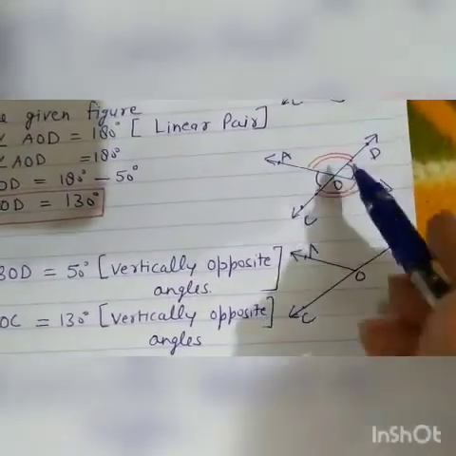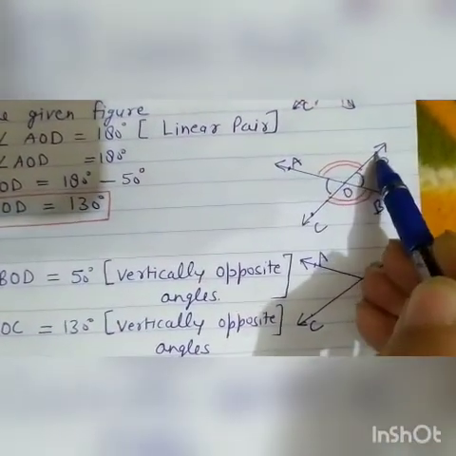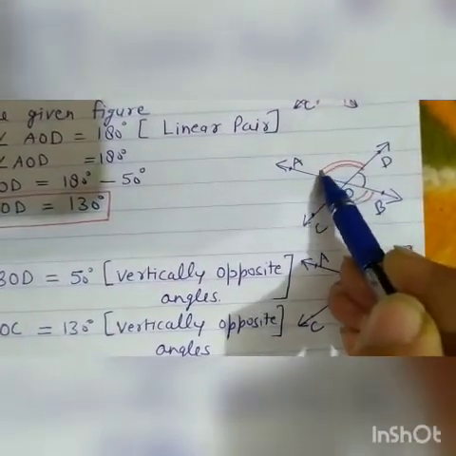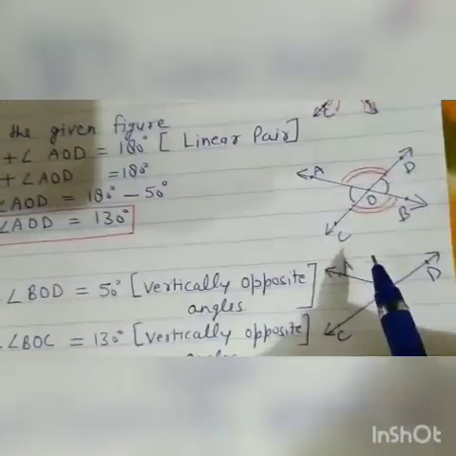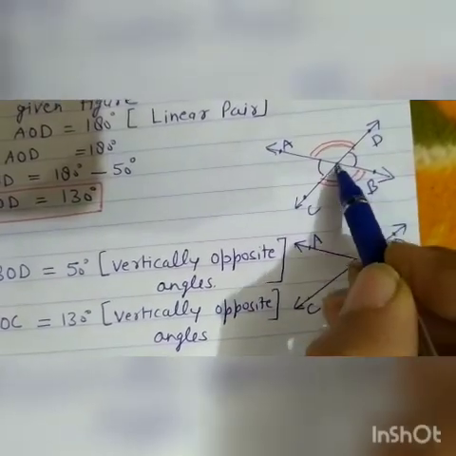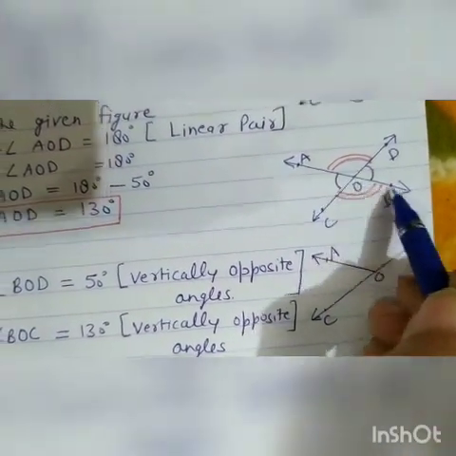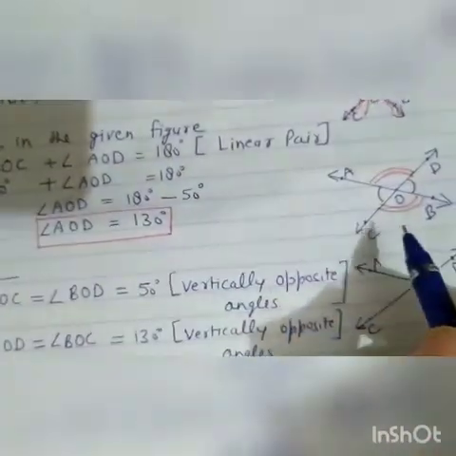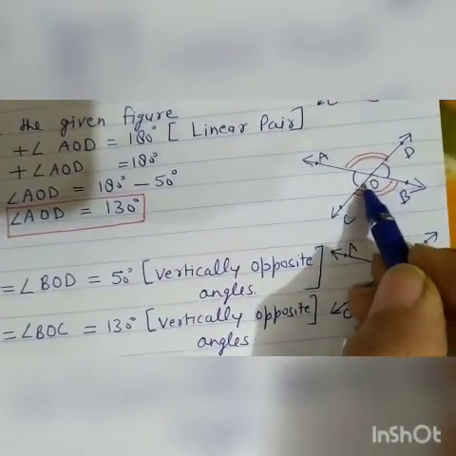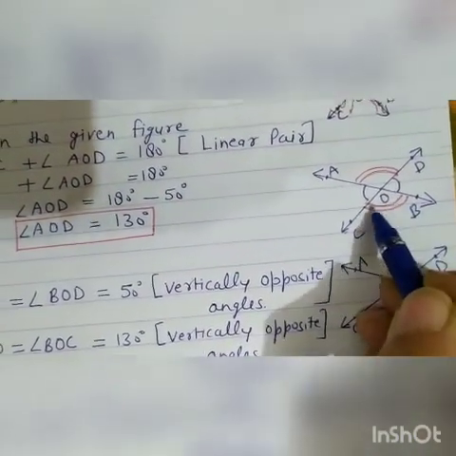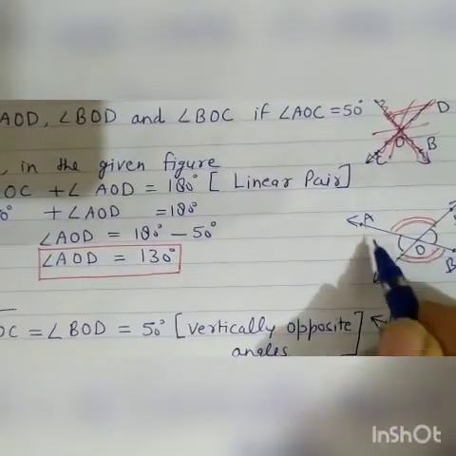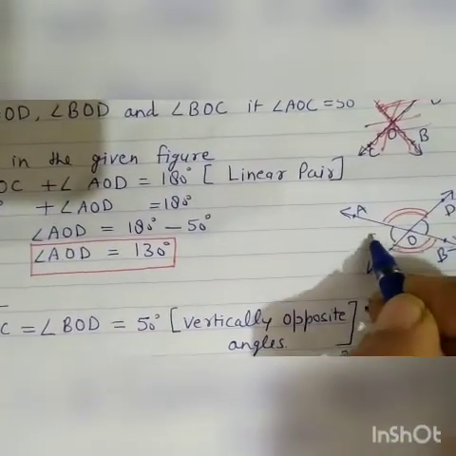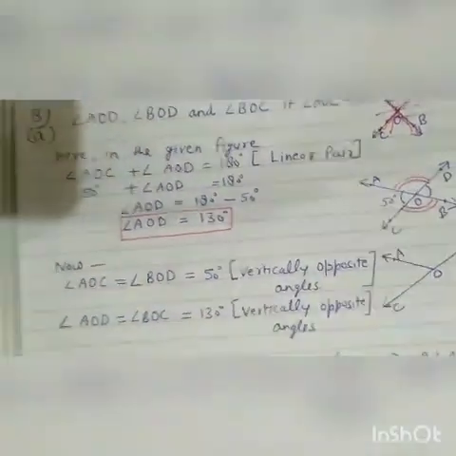I have drawn here the figure, this angle is AOD. We have to find angle BOD. This is angle BOD. Then angle BOC. This is angle BOC. If angle AOC is 50 degree, this angle AOC is 50 degree.